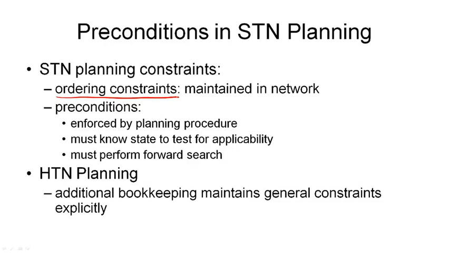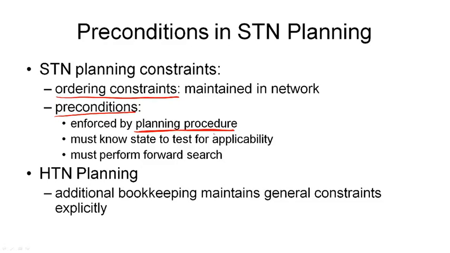The other type of constraints we've seen are the preconditions. Preconditions are constraints on the state before a method or an action is applied. And what we've done in STN planning is that we've written it into our planning procedure that preconditions must hold. So preconditions were enforced by the procedure.